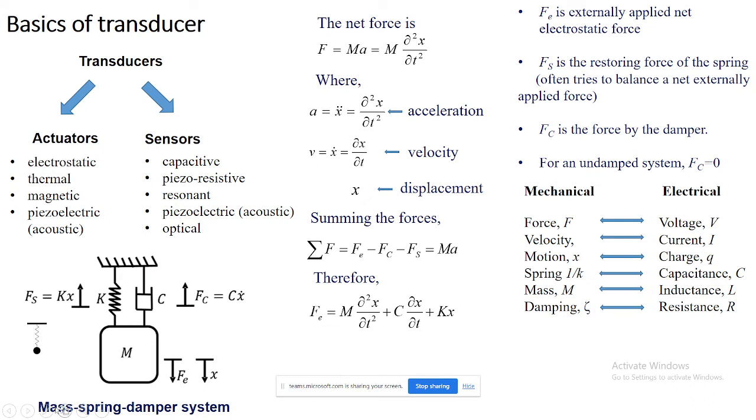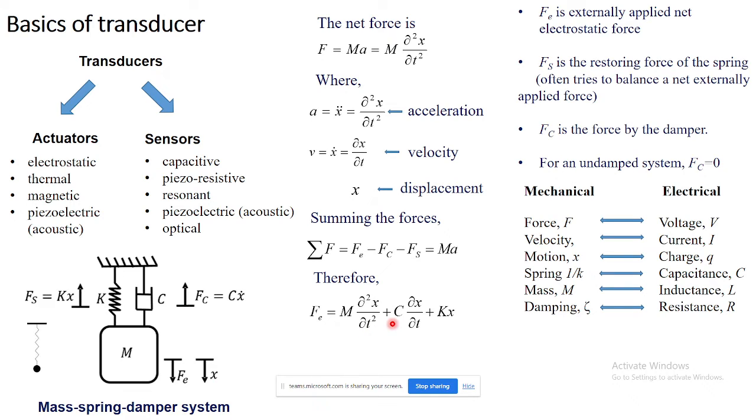And once we know that, we can simply sum these forces and see that the summation of these forces is again mass times acceleration. So this is the simple second order differential equation, where we can see that Fe is the force acting on the mass, which is our externally applied force. And due to that, the displacement is happening.